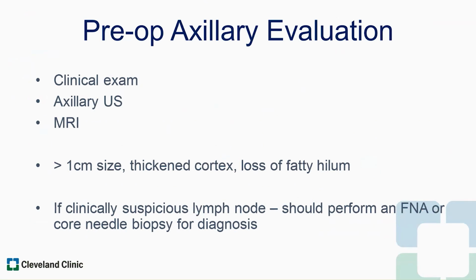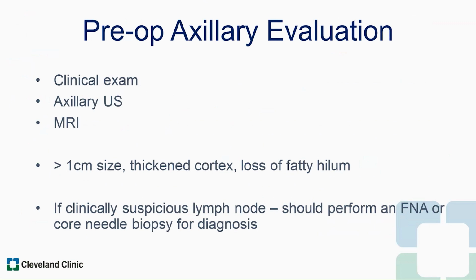Preoperatively, you want to get an axillary evaluation to see whether or not clinically it appears that the lymph nodes are involved with cancer. You can do this on clinical exam, axillary ultrasound, or a breast MRI can look at the lymph nodes as well.